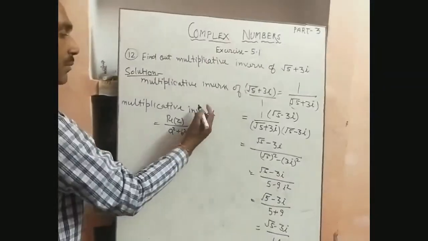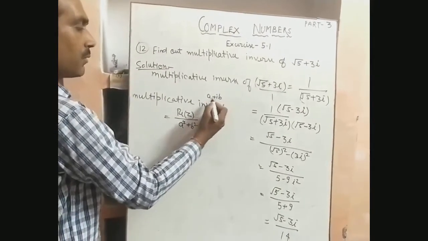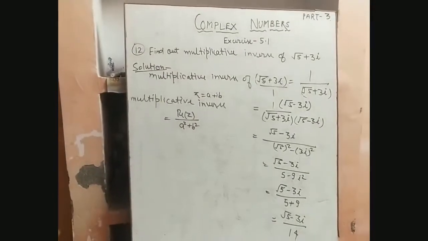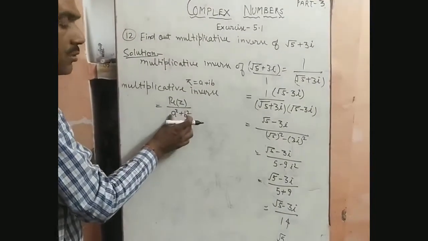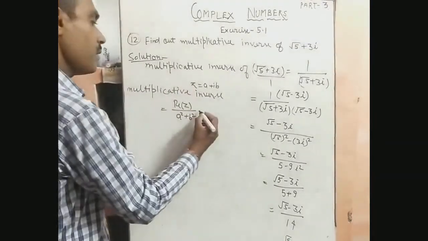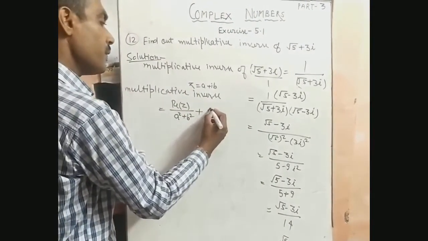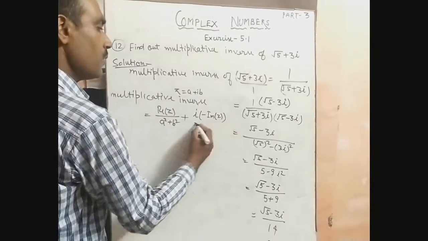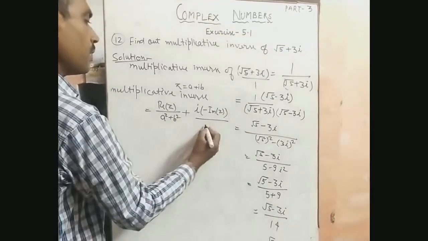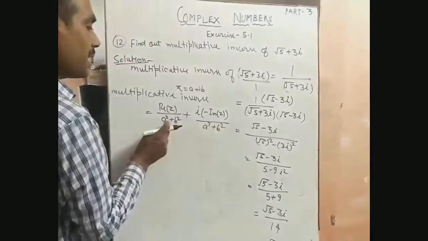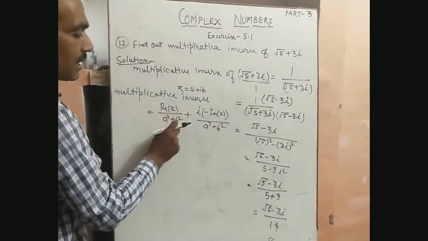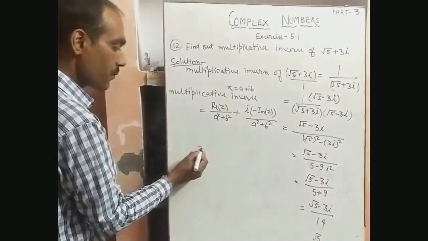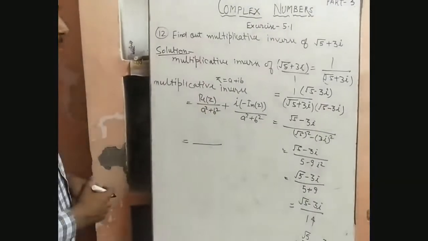In a plus ib, when the complex number is a plus ib, you can write a square plus b square. Plus i into minus imaginary part of z upon the same thing, a square plus b square. A square means real part square plus imaginary part square.